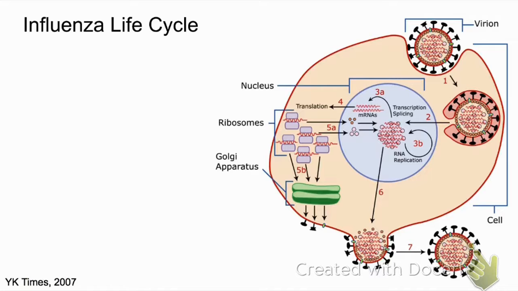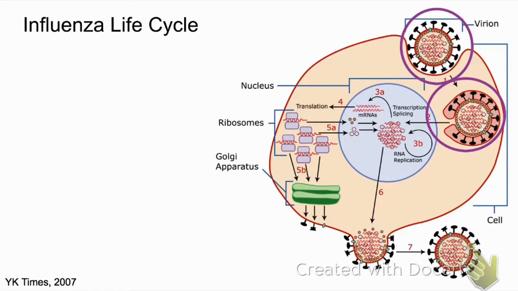So just to recap the life cycle, let's take a look at this process one more time. We've talked about how the hemagglutinin on influenza will bind to sialic acid and will trigger receptor-mediated endocytosis. Fusion of endosomes with lysosomes will cause acidification.